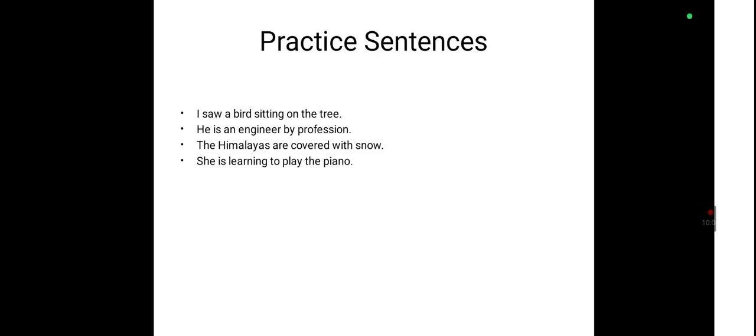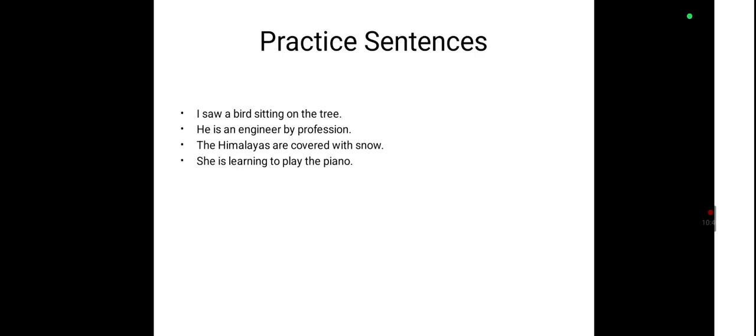Let us quickly summarize what we have discussed in two sessions. There are two types of articles: the definite article and indefinite articles. The definite article is one article, the, and the indefinite articles are two, a and an. The indefinite article a can be used before countable nouns, singular nouns, and non-specific things. An can be used before countable, singular, and non-specific things.